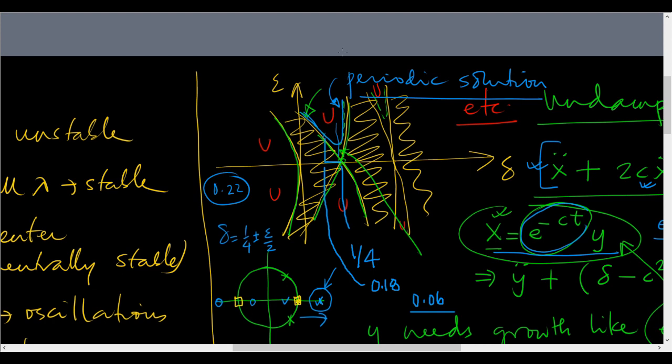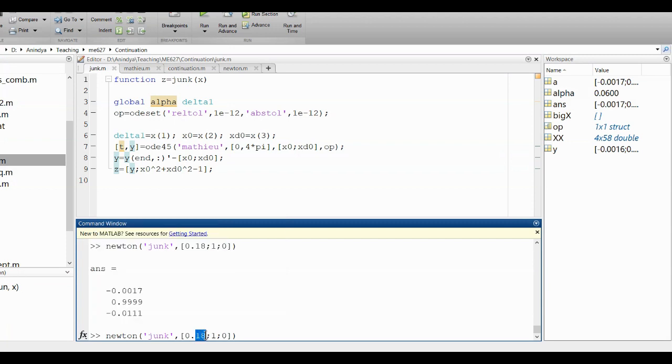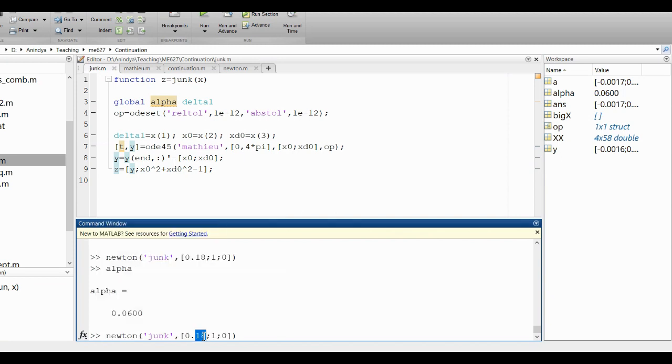So let's try that first. Okay, so 0.22. Alpha is 0.06. Let us try 0.22.